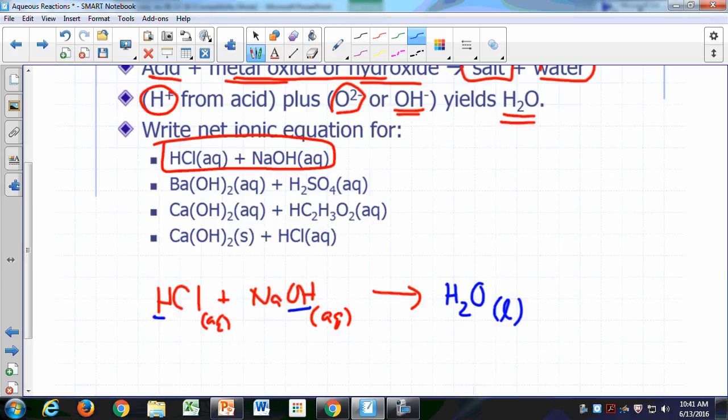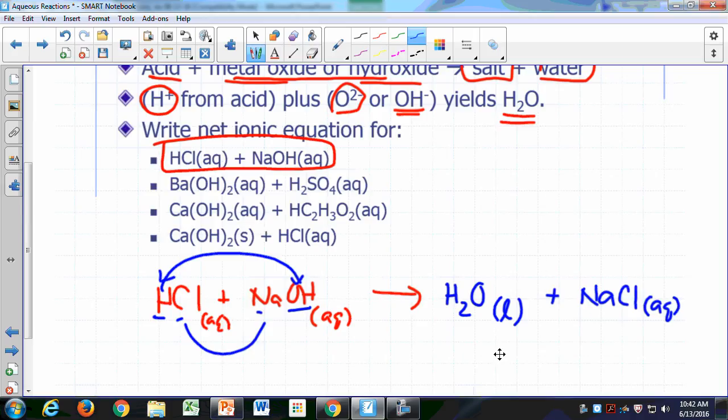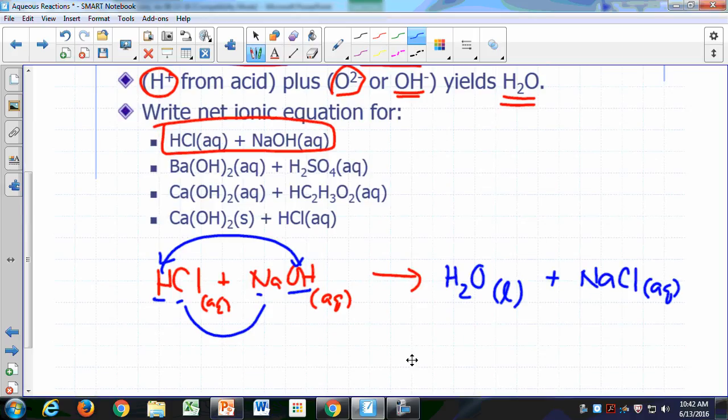And then the other product: you have your sodium and your chloride, which give you your ionic compound, your salt, NaCl aqueous, and that's already balanced, so that's your molecular equation. You know that sodium chloride is soluble in water. It's got a sodium compound, so we put aqueous there, right?